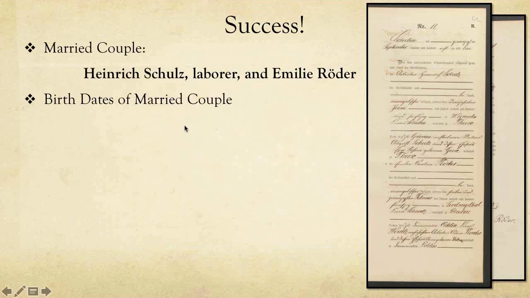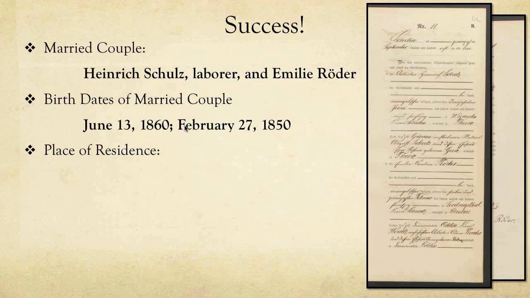We found the birth dates of the married couple by either looking for our word meaning on, or on this certificate, they use the word geboren, meaning born. We found the place of residence, just like we did on the birth certificate, by using the phrase wohnhaft zu. We found the parents' names by using our des, D-E-S, which means of.